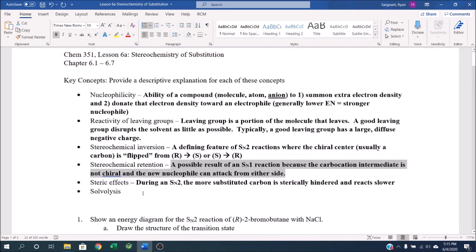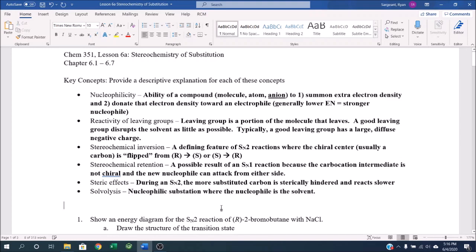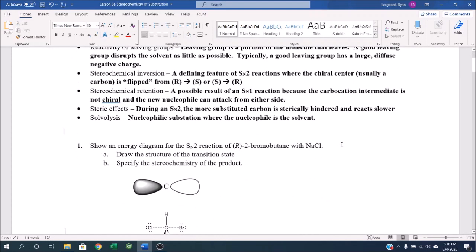I suppose we have one definition left, and this is solvolysis. This is a nucleophilic substitution where the new nucleophile, or it's not new actually, it's the only nucleophile, is the solvent. Most of the solvolysis reactions we're going to look at are going to be hydrolysis.